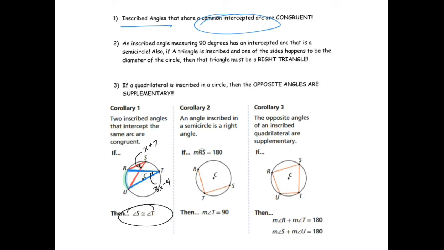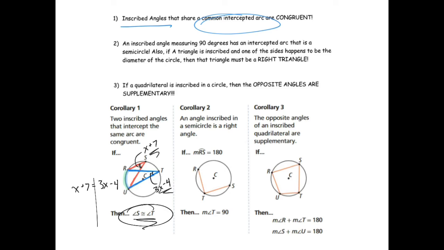Then you have to know that they're congruent, so they're equal to each other. That means that x plus 7 must be equal to 3x minus 4. That's something you might see in the future. You would use your algebra skills to solve, and you could figure out what x is and what each of these angles ends up being.